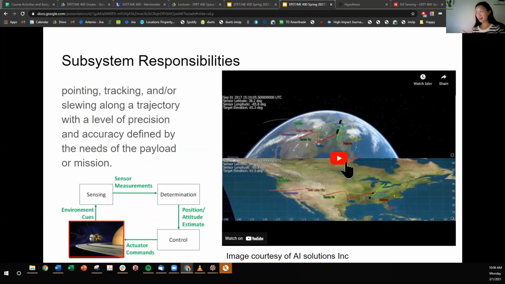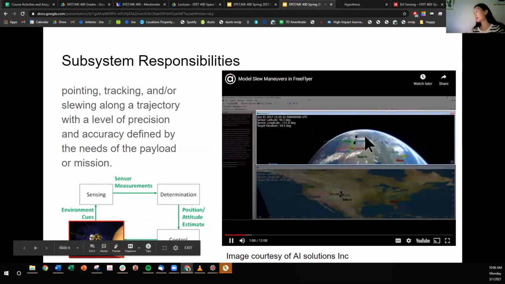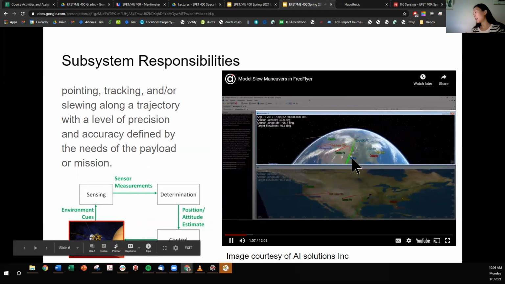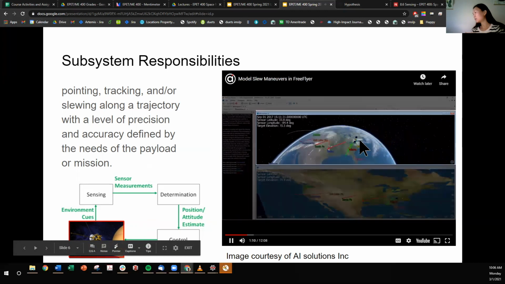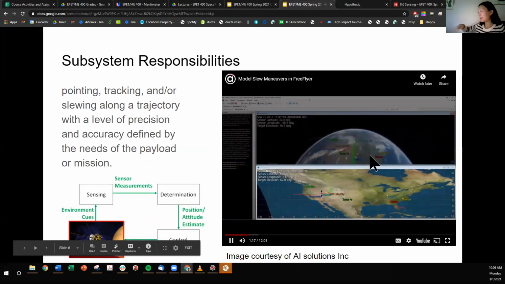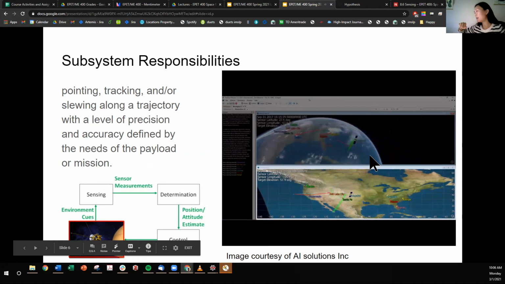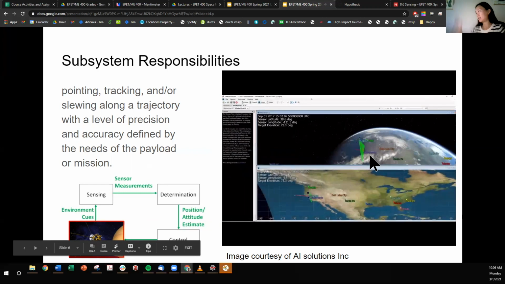It's not the most inspired mission, but I just wanted to show you the slew maneuvers that this engineer created to track the different cities. So you can see the spacecraft is pointing nadir and is not only slewing along the vector of velocity, but also slewing, rolling or pitching side to side to track the different latitude of cities.